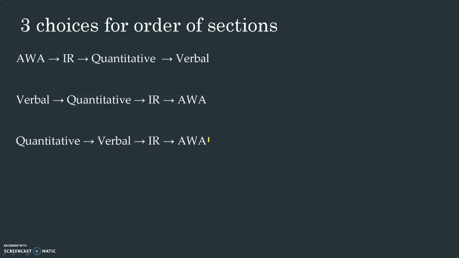Now, there are provisions for breaks as well. So you can take 2 short breaks, one between quant and verbal and one between IR and quant here or IR and verbal here. Right? So there are 2 small breaks available of 8 minutes duration each.